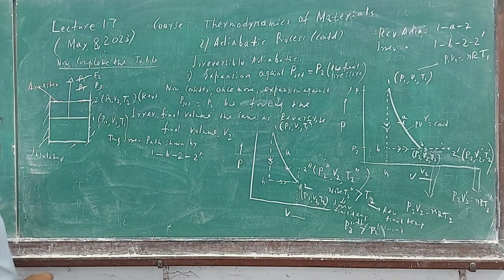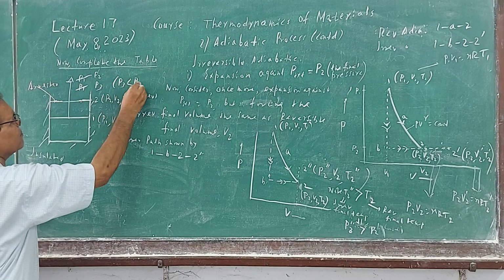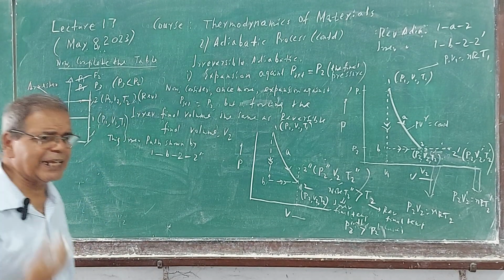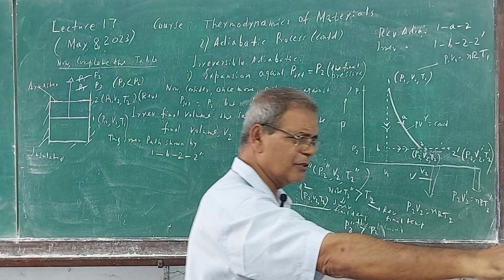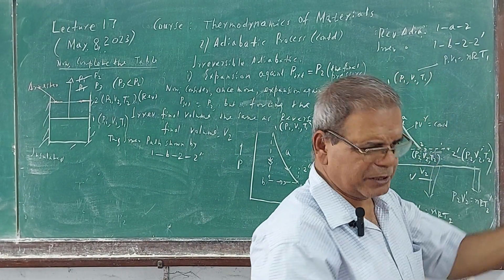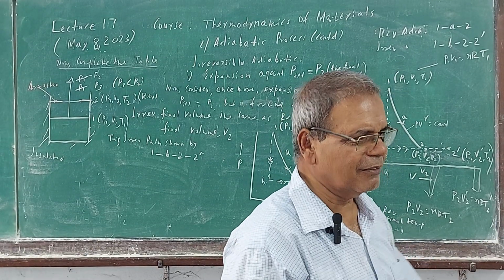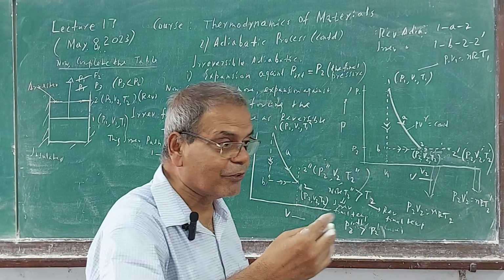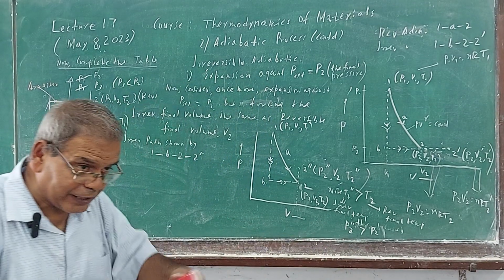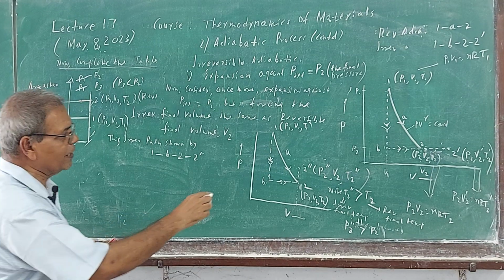I am showing P3. Why P3? P3 is even less than P2. I have an arrestor, so I will fix the volume, V2. Maybe less, let it be. Eventually, system pressure and surrounding pressure will be different. So why not? This is the degree of irreversibility, they call it. Get at the driving force. Driving force is even greater now. What was the driving force here?